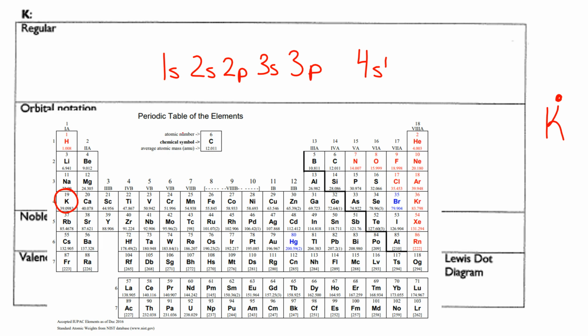So if I fill 1s, how many electrons do I have? If I fill 2s, how many do I have? If I fill 2p, how many do I have? There's my electron configuration for potassium.